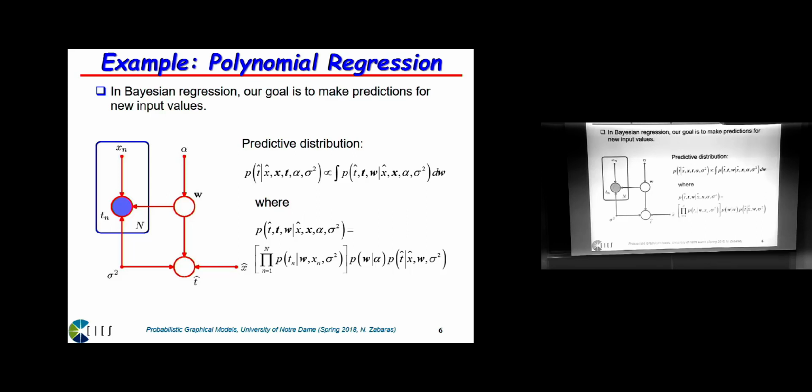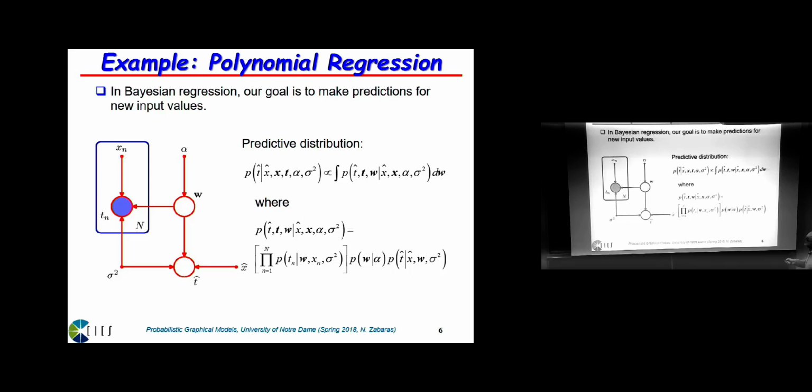If you form this joint distribution, this is the posterior of W, as we had before, but now you also see the likelihood corresponding to X hat. So this is the probability of T hat given X hat, and given the parameters W and sigma square.